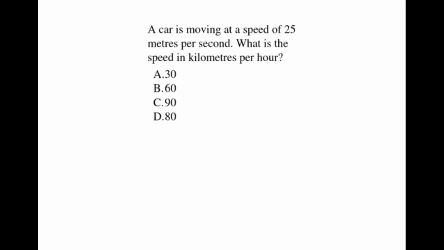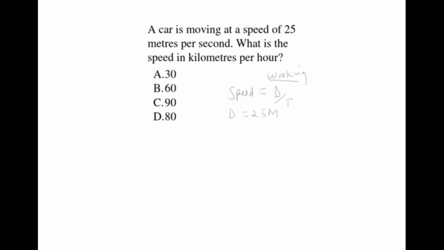A car is moving at a speed of 25 meters per second. What is the speed in kilometers per hour? So working. We are told the car is moving at 25 meters per second. So we know that speed is given by distance over time. Our distance is 25 meters.